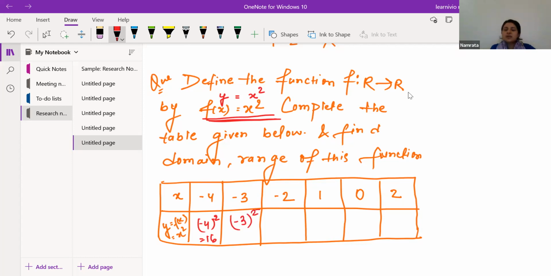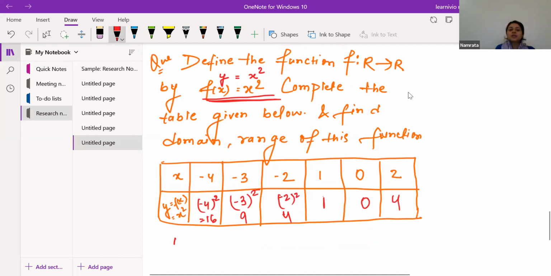That will be 9. Similarly, when x is -2, we will do -2 square. That is 4. When x is 1, we will do 1 square. That is 1. When x is 0, y will be 0 only because 0 square is 0. Now when x is 2, y will again be 4, because 2 square is 4. Is it clear?